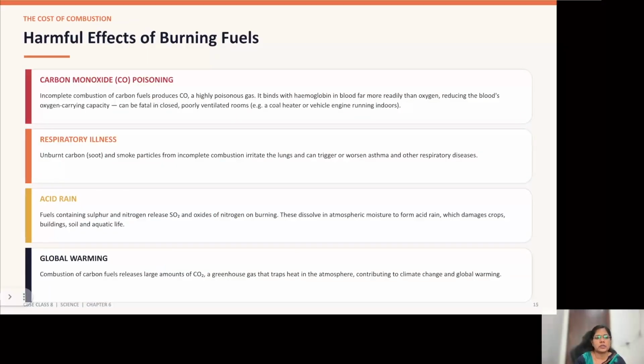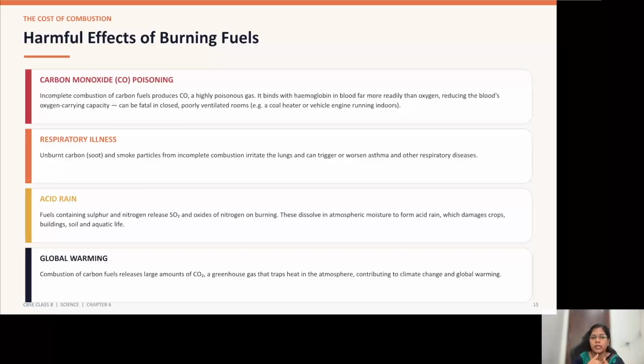I told you all these things have harmful effects. Burning of all these types of fuels has harmful effects. Let us learn about the harmful effects of burning fuels. Carbon monoxide poisoning. One of the most poisonous gases formed when fuel is burned is carbon monoxide.